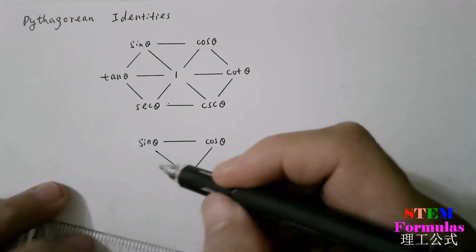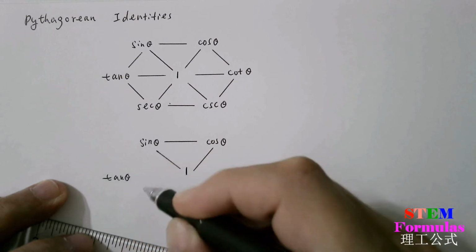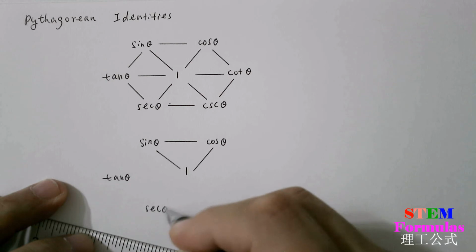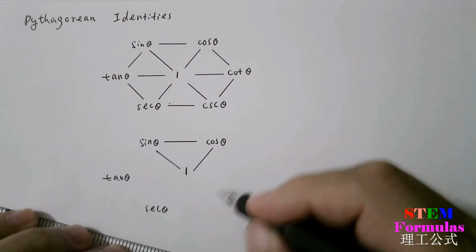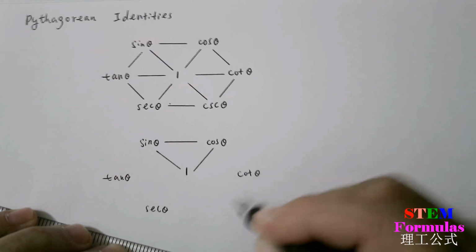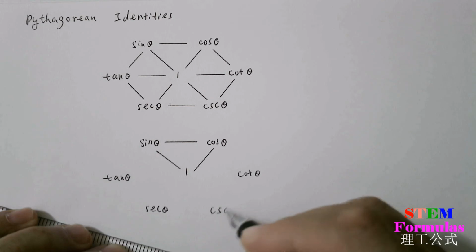And we have here tangent theta, secant theta, cotangent theta, cosecant theta.